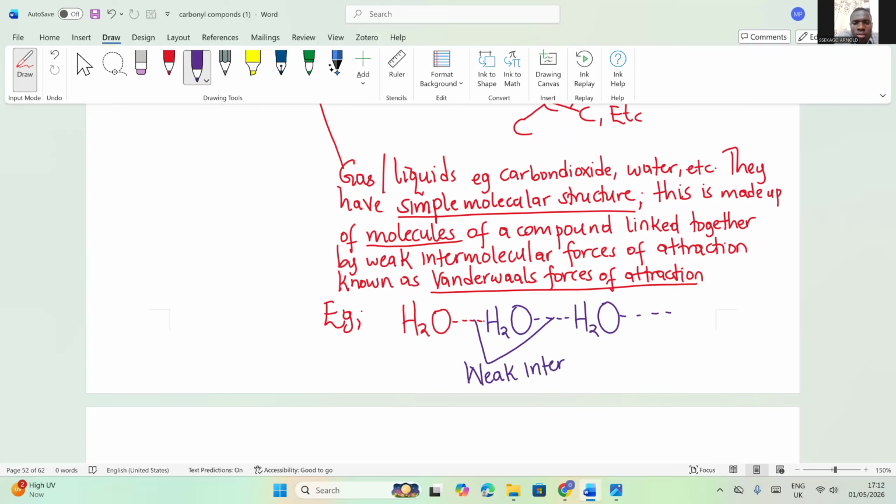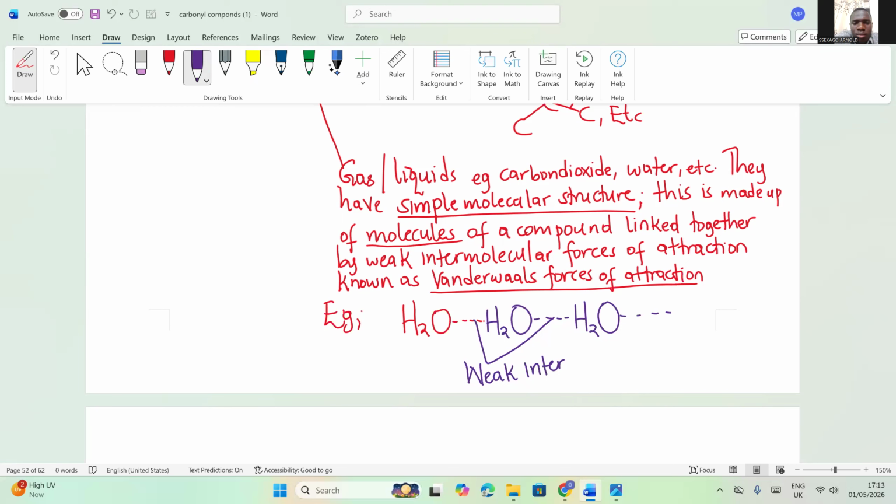Now think about this in real life. I am saying water is a covalent compound, but also sand is a covalent compound. You will all agree with me that it is very difficult to boil sand. It has a high melting point. You know why it is very difficult?